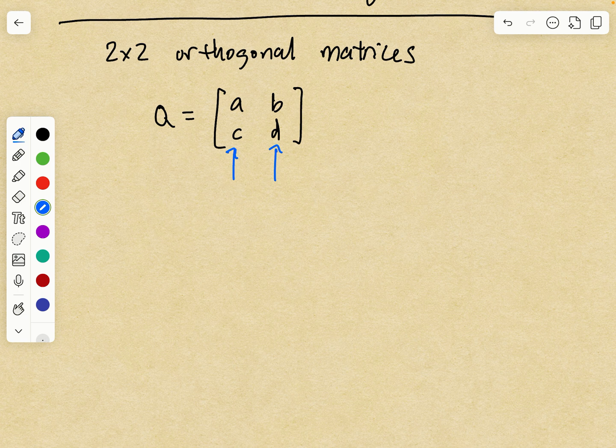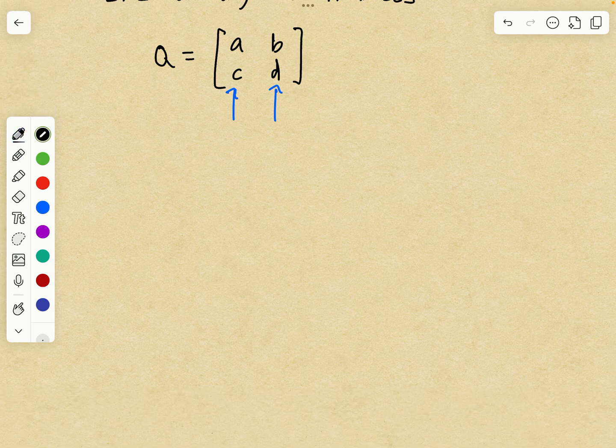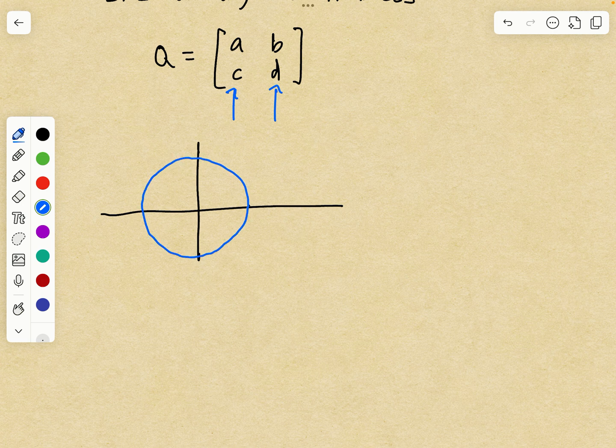So if you look at this first column vector, actually both vectors must lie on the unit circle because they have unit length. So here's the unit circle, radius is 1. If I draw a vector from the origin out to the point (A, C), this vector must be on the blue circle.